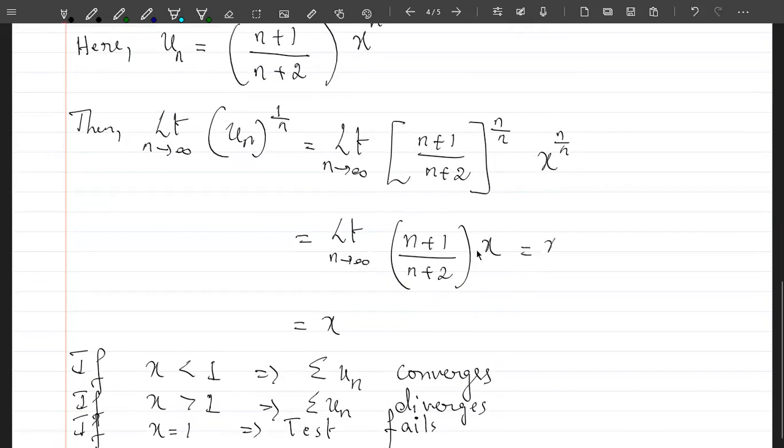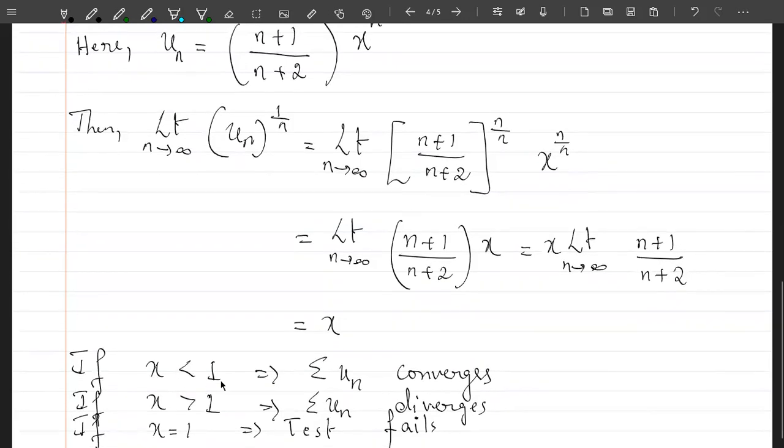That will be x into limit n tending to infinity n plus 1 divided by n plus 2. If you solve this by using L'Hopital's rule, first of all I get infinity by infinity form. So if you solve it, I get 1 here, and here also I get 1 after differentiation. So I get x into 1. So my answer for the limit will be equal to x.